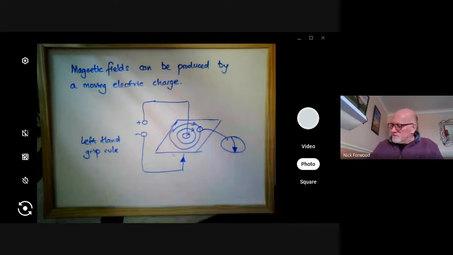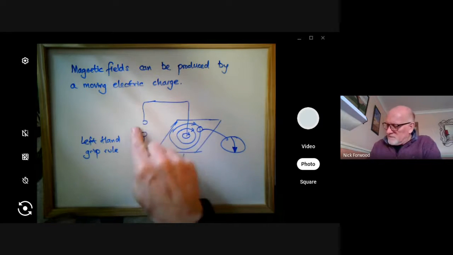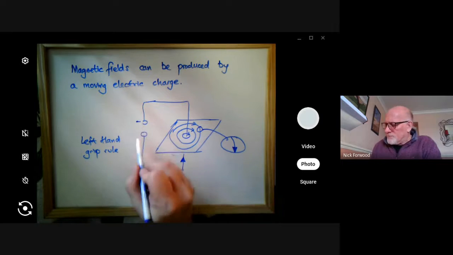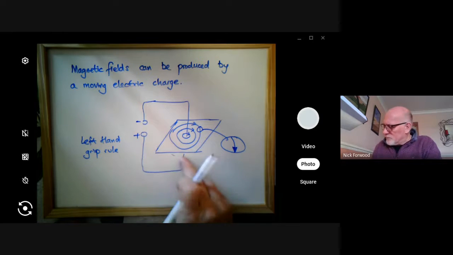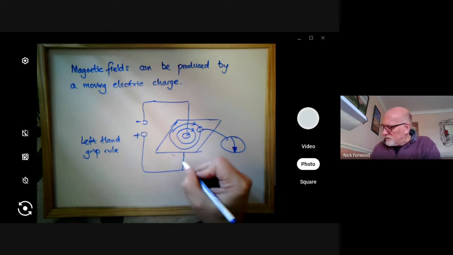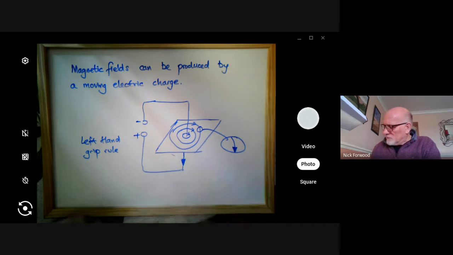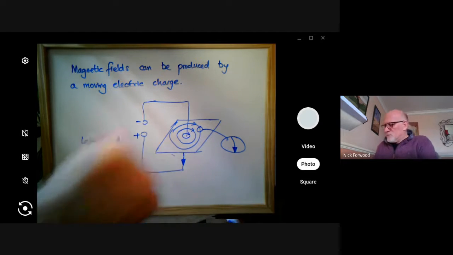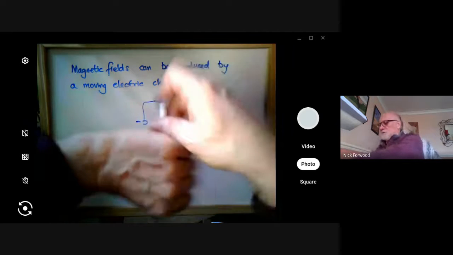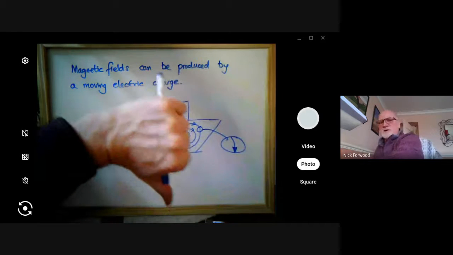So obviously if you turned the wire upside down and you had negative at the top and positive at the bottom, the electron flow would be going down. So all you do is you turn your hand round the other way like that.